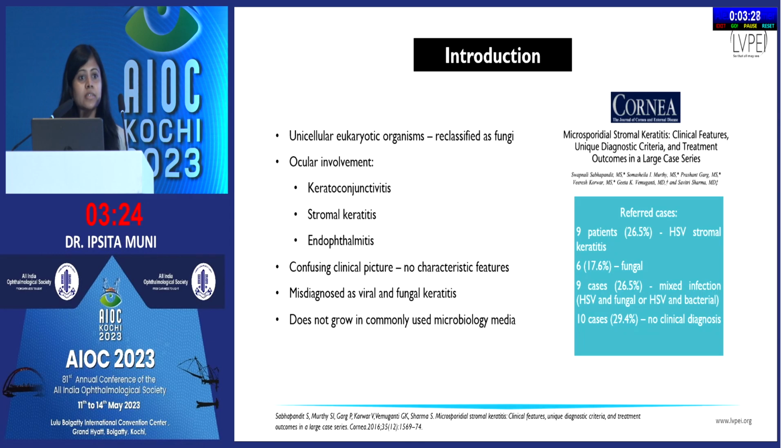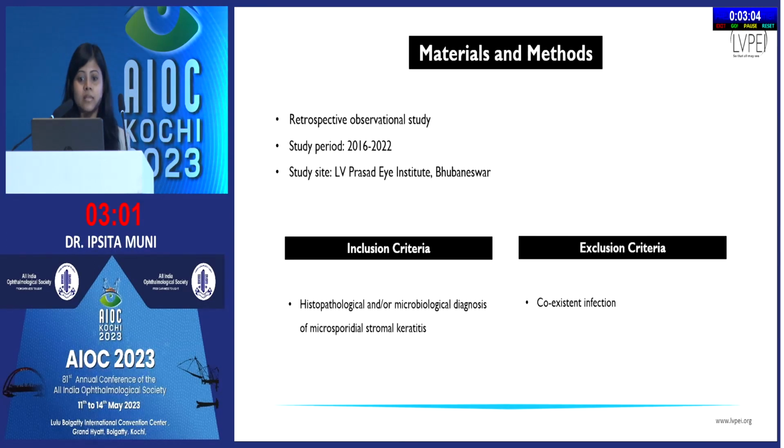In addition, it does not grow in commonly used microbiological media, and it requires a high degree of suspicion to be recognized and diagnosed in corneal smears. In a retrospective study by Sambaparin et al., they found that most of the cases referred to their institute had no clinical diagnosis and were being treated empirically, while a large proportion were being treated as HSV stromal keratitis or fungal keratitis.